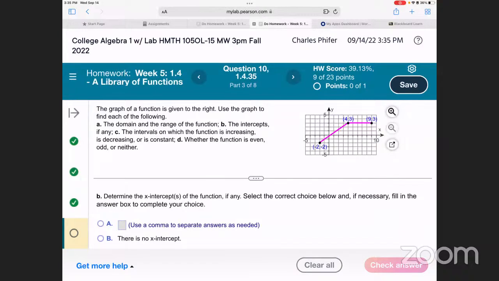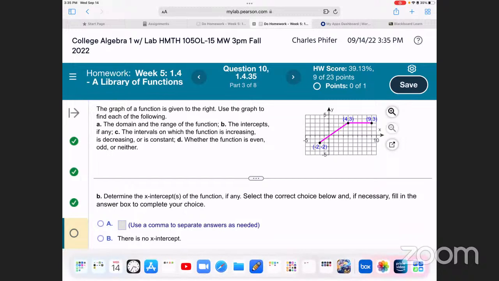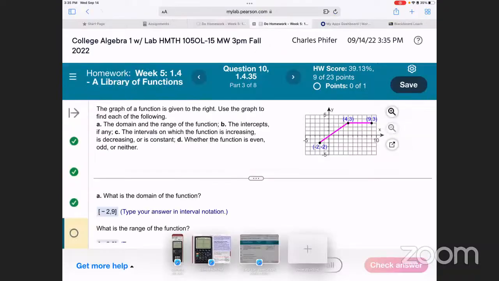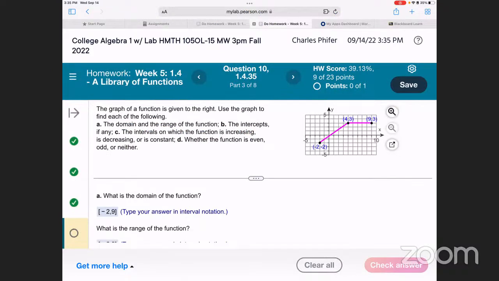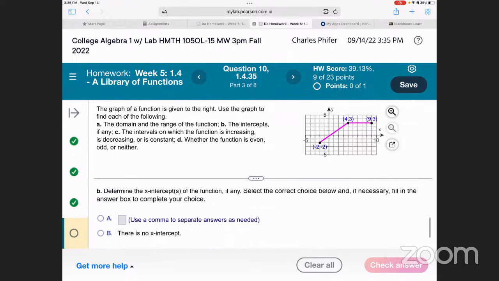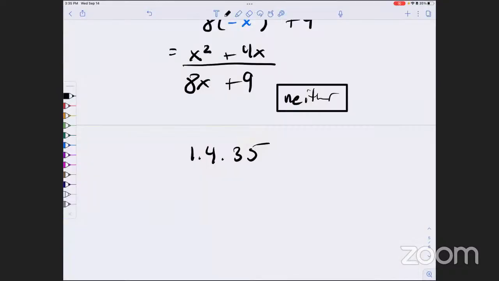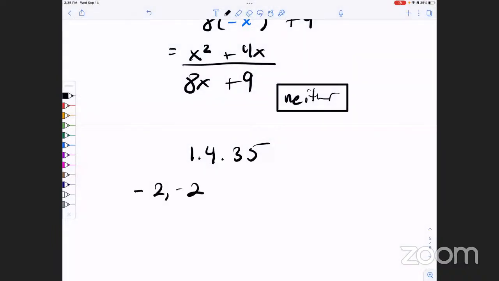All I need is the -2, -2, and then 4, 3. We want the equation of the line.